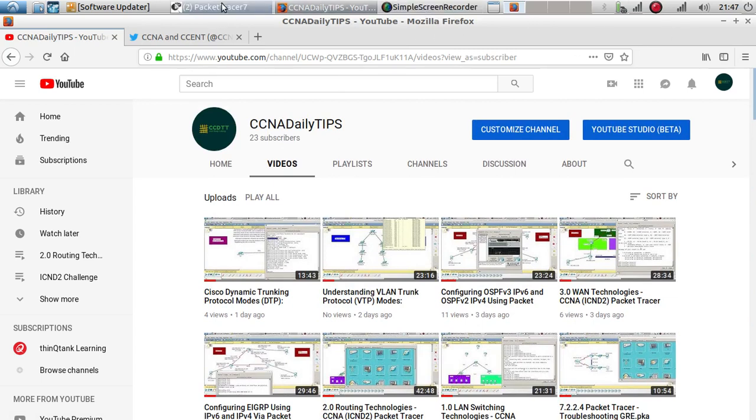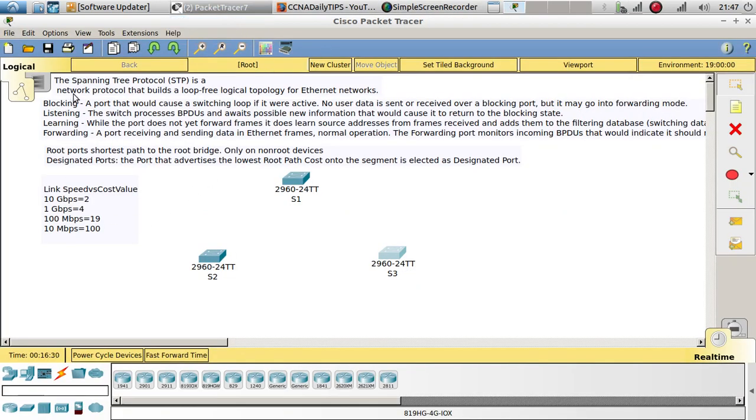And what we're going to do is talk about the spanning tree protocol a little bit. What is the spanning tree protocol? It's a network protocol that builds a loop-free logical topology for Ethernet networks.